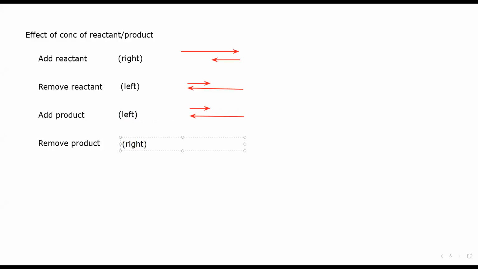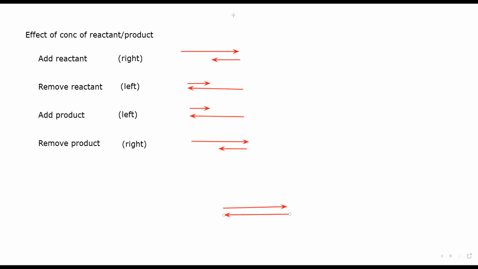And as the equilibrium is shifted towards the right hand side, we can represent it by the arrows. The right hand side arrow should be longer and left hand side should be shorter. If it is in equilibrium, then we will use two arrows of same length. But if the equilibrium is shifted, then the arrow on the side it is shifted towards should be longer than the opposite direction.